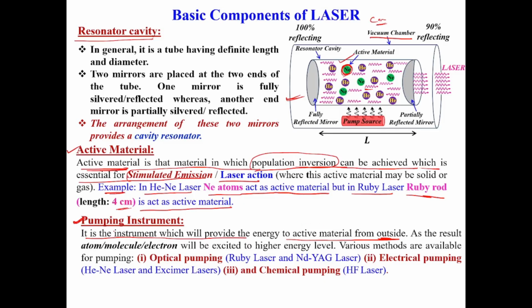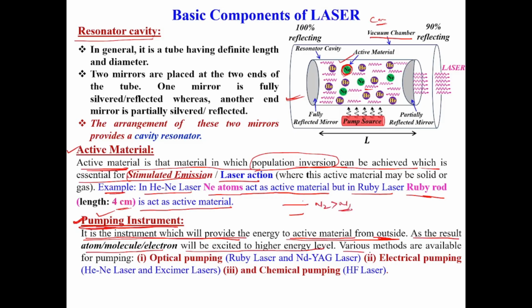For that we have to supply energy from the outside. That process is called pumping, and the instruments used are called pumping instruments. As a result, atoms, molecules or electrons are excited to a higher energy level to provide the population inversion, that is N2 greater than N1.